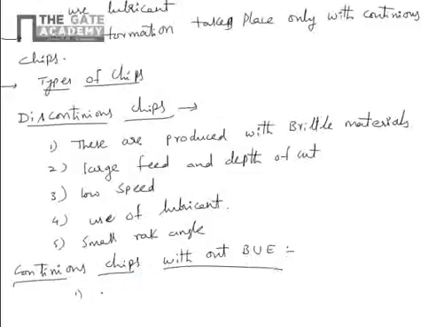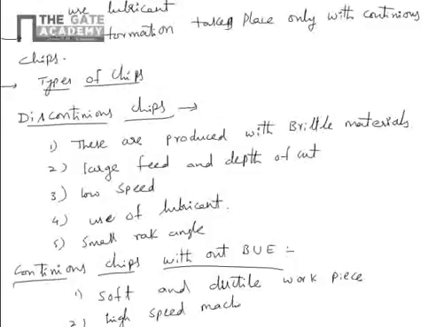First one: continuous chips are formed with soft and ductile workpiece, then only continuous chips will form. Second one is high speed machining. High speed machining, then definitely continuous chips will form. As the speed is higher, time available for adhering the microchips is less, so built-up edge won't form. Low feed and depth of cut.